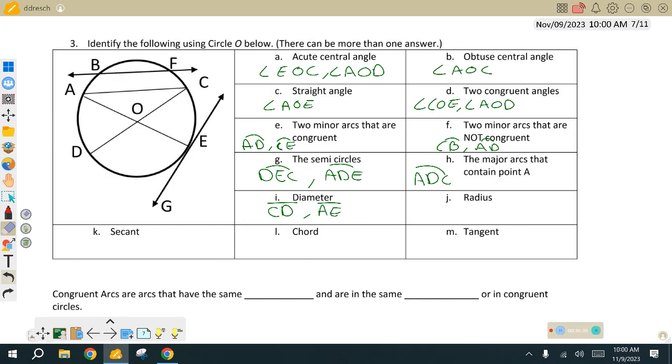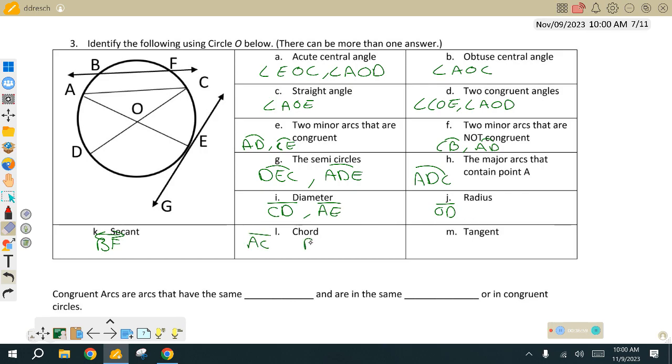A radius, I got 4. OC, OE, OD, or OA, right. A secant, there's only the one. BF is my secant. Line BF, a secant is a line. So BF. Chord, AC. And chord on that one, AC is 1.